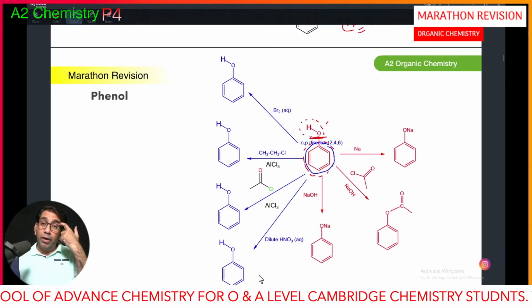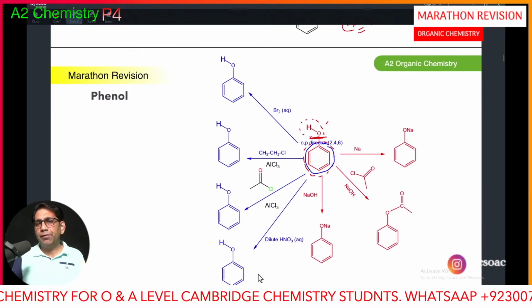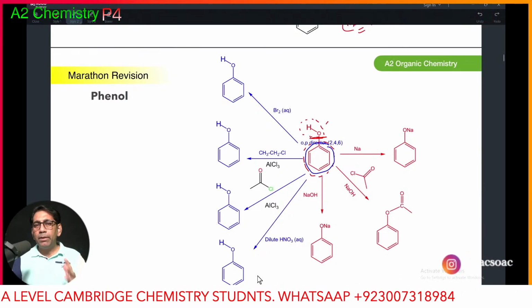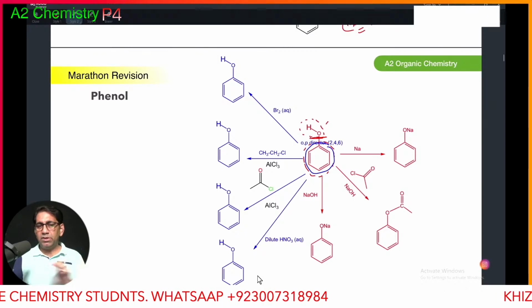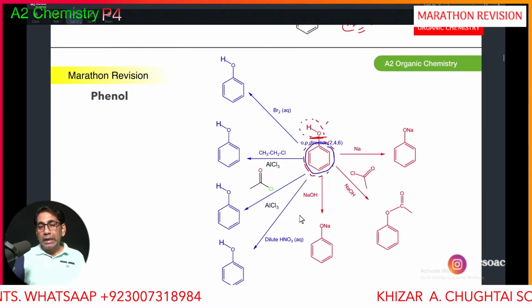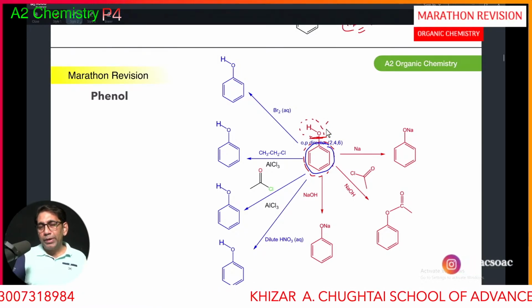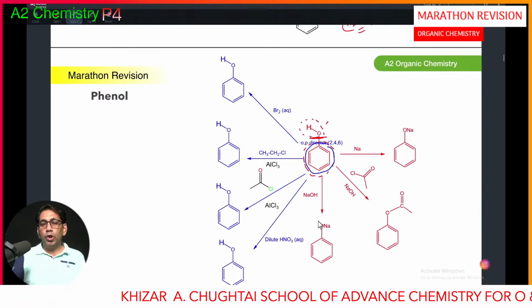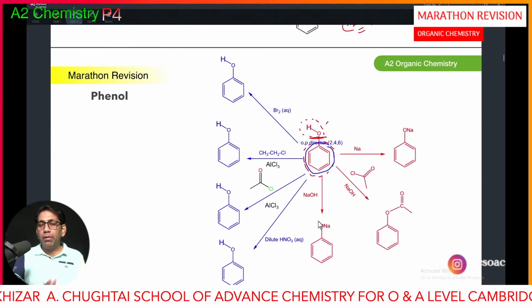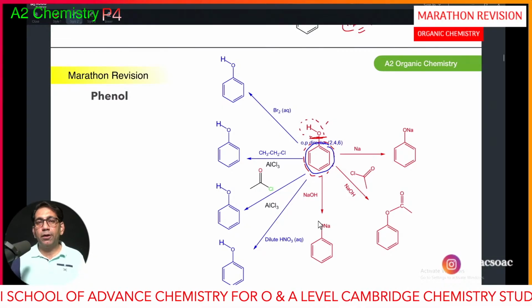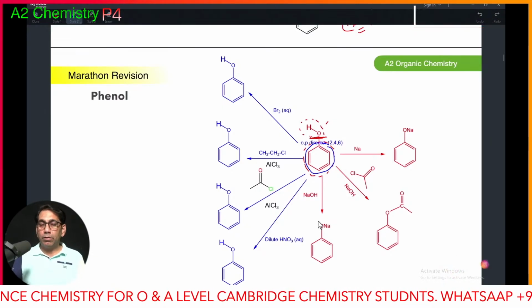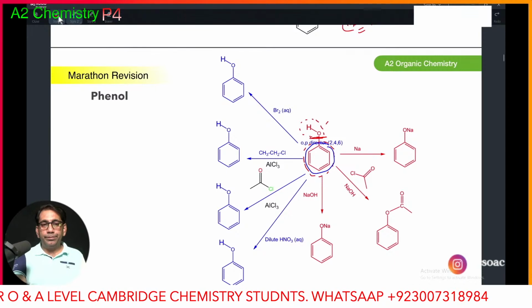As I told you, whenever there's involvement of the benzene ring, there are only a maximum of 5 reactions in your syllabus. But if the OH group is supposed to react, then there are 3 reactions. So the overall maximum number of reactions in your syllabus for phenols is 8. Now let's see over here.